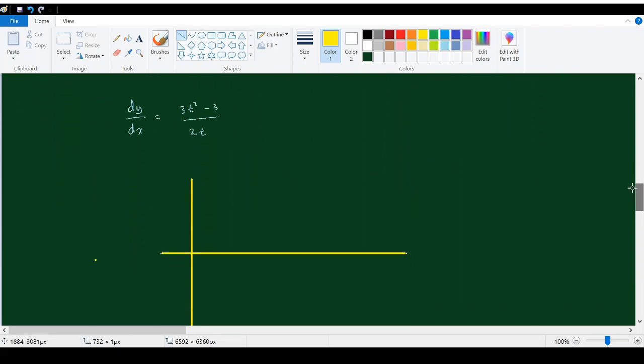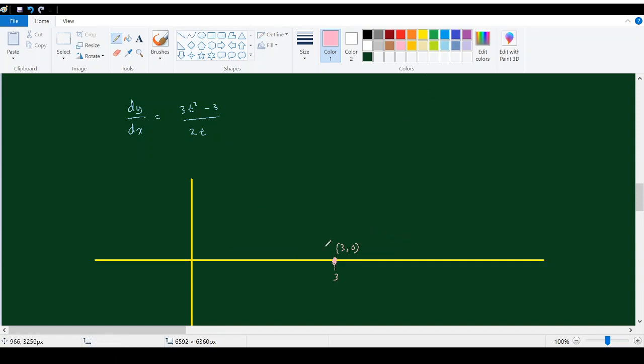So (3, 0) is on the x-axis, and I will mark it with this color in here, right? So now in this graph we have the point (3, 0) here on the x-axis, and the vertical axis is the y.